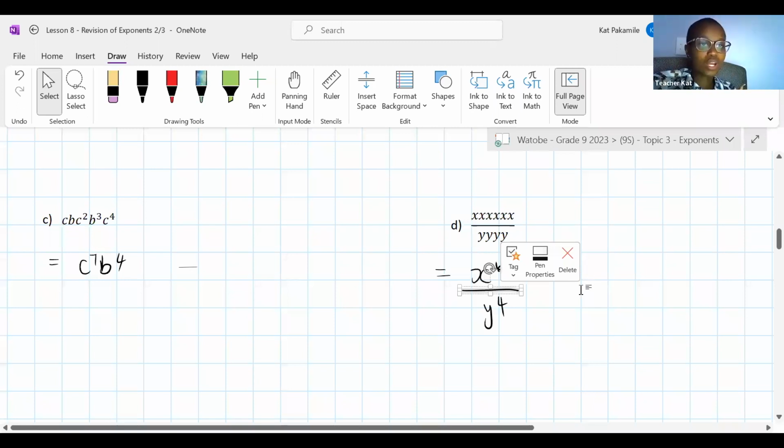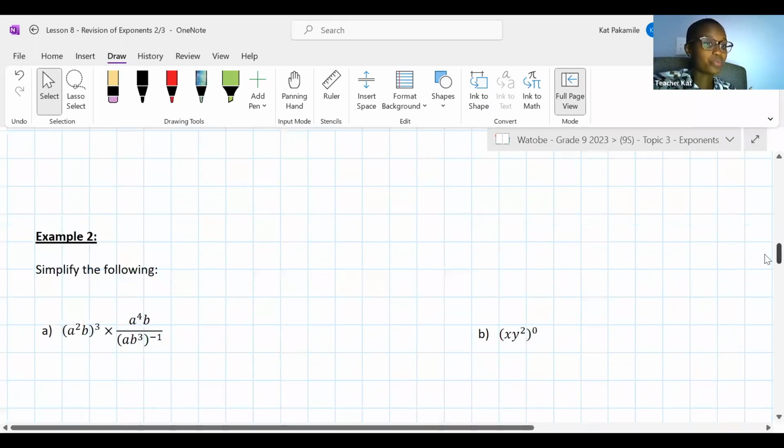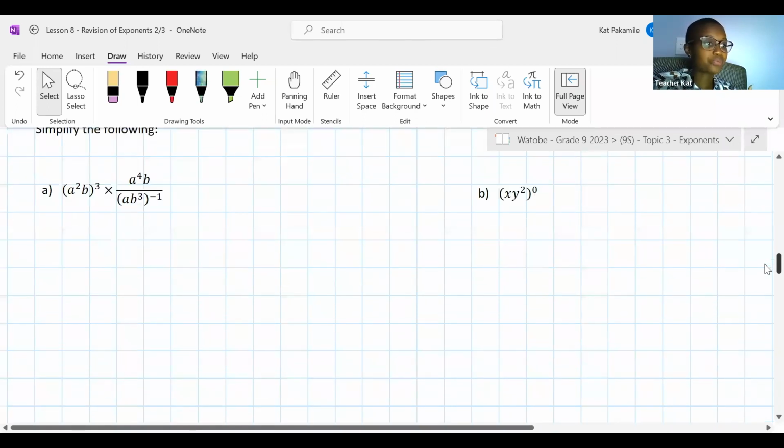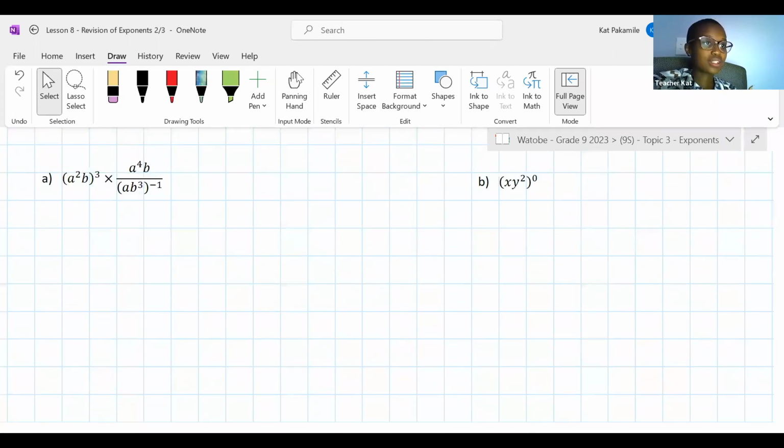Let us go practice our application of the laws of exponents. Let's see who's going to be able to help me now. Oh, Little says, please go back. Sorry, let me go back.